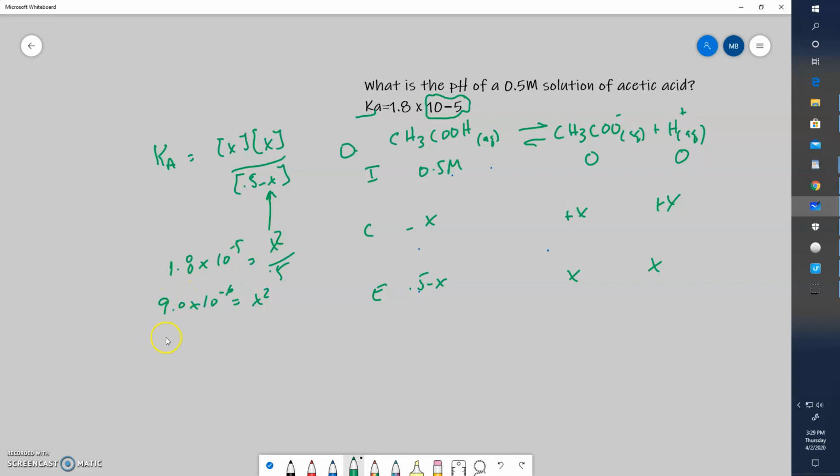So we get 0.003 is X. And now to get the pH, this X, remember, is my concentration of H plus, which was over here. It's also the concentration of the anion, but we only care about the H. Hit the negative log, and you get a pH of 2.52. That's right, 2.52. All right.